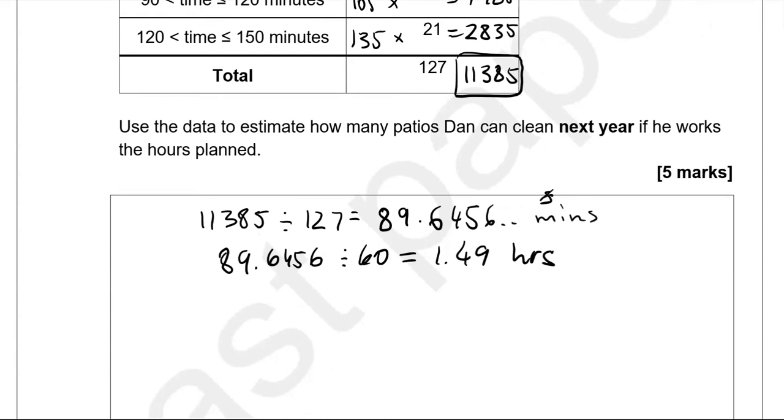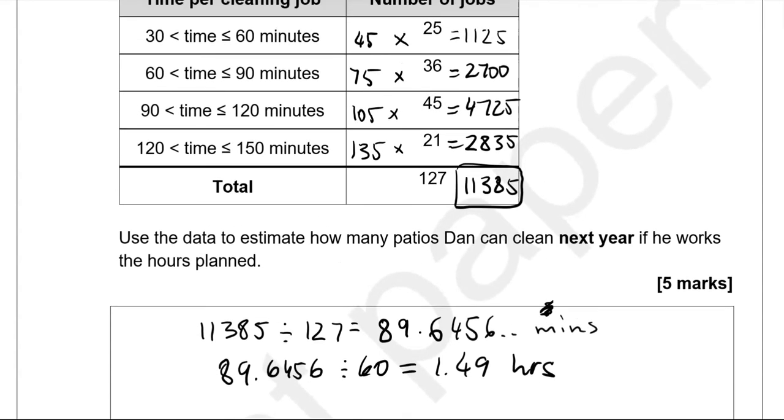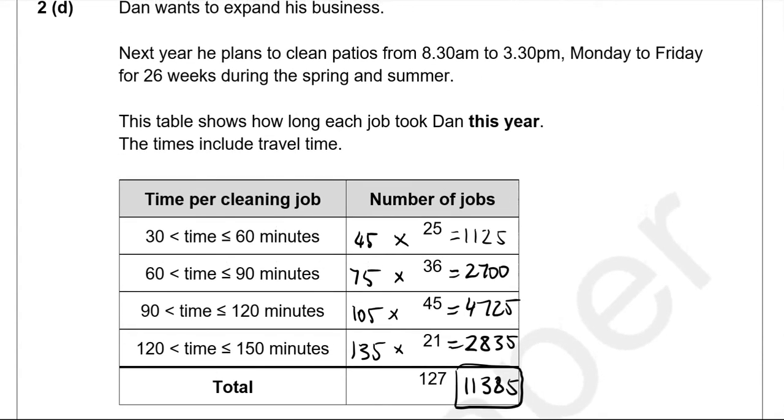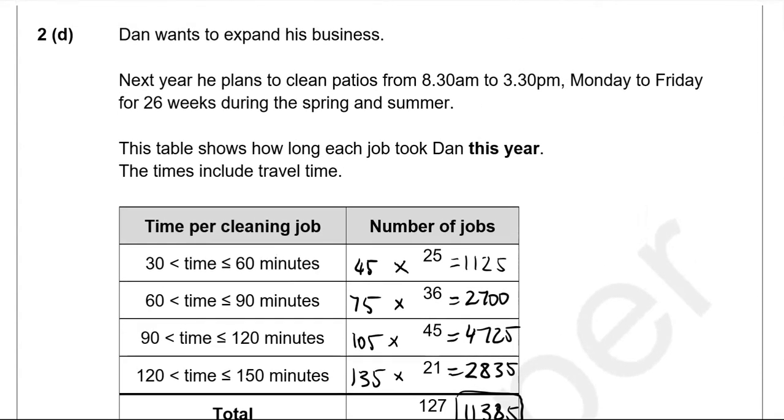So now we'll estimate the total number of jobs he can do in the year. So he plans to clean patios from 8:30 to 3:30 p.m, which is 7 hours, and Monday to Friday, so that is 5 days, and that is for 26 weeks.